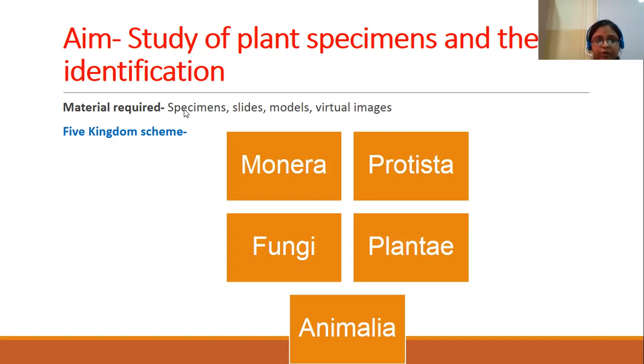Whatever material is required for this study, you will be requiring some specimens, some permanent slides that we already have in our biology lab, and the models as well as the virtual images. With the help of virtual images and all these other materials, we will be studying these different things.